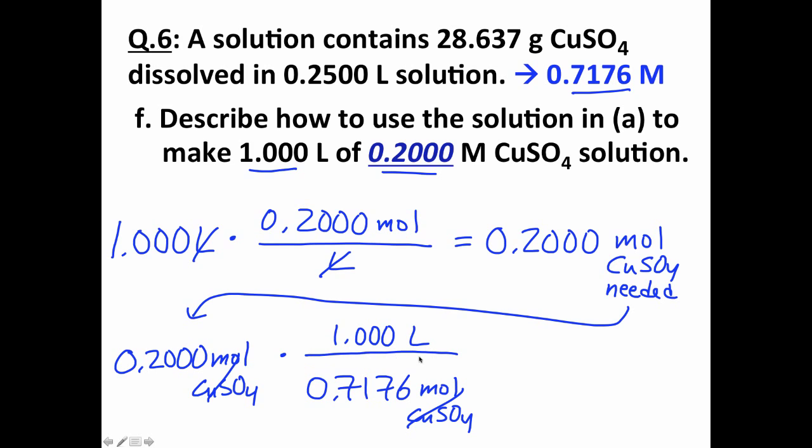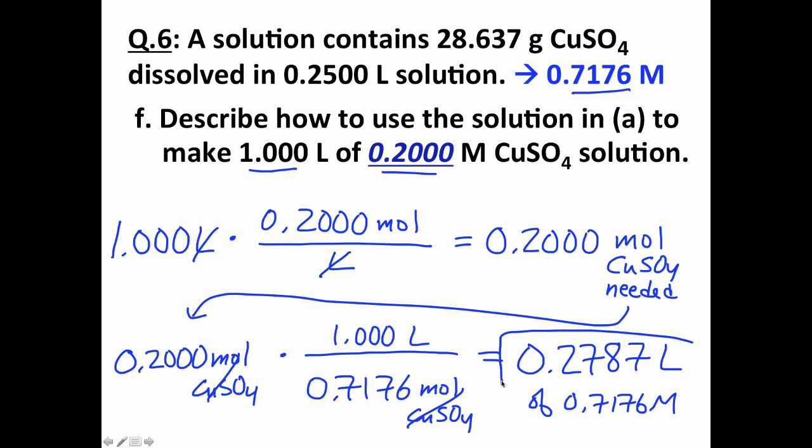And that allows us to convert from moles of copper sulfate into liters of this solution. Turns out to be 0.2787 liters of the 0.7176 molar solution that we started with. So that's the calculation. We need 0.2787 liters of the more concentrated 0.7176 molar solution.